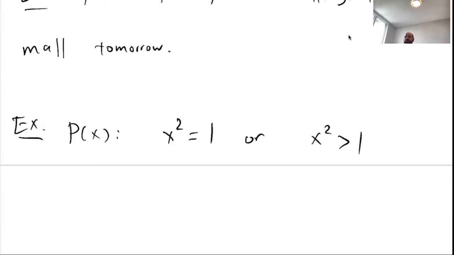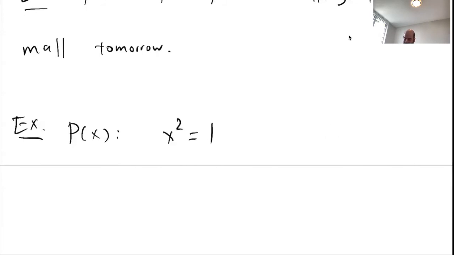But when you say X squared equals 1, well, this proposition is true for some values of X, namely X equals 1 and X equals minus 1, and is false for the other values of X. Similarly, X squared bigger than 1 is true for certain values of X and false for certain values of X.